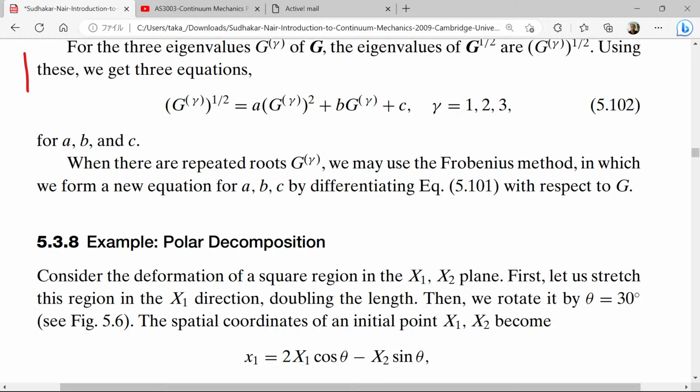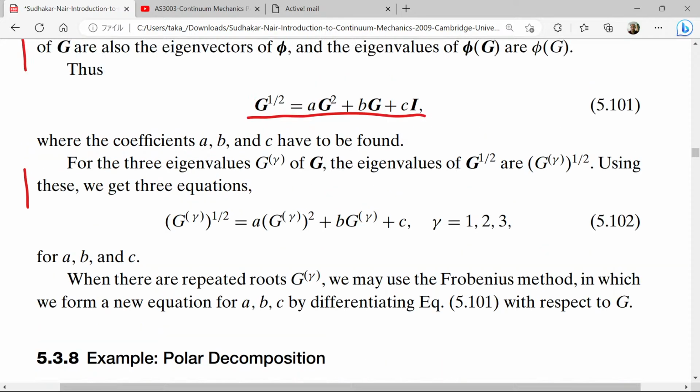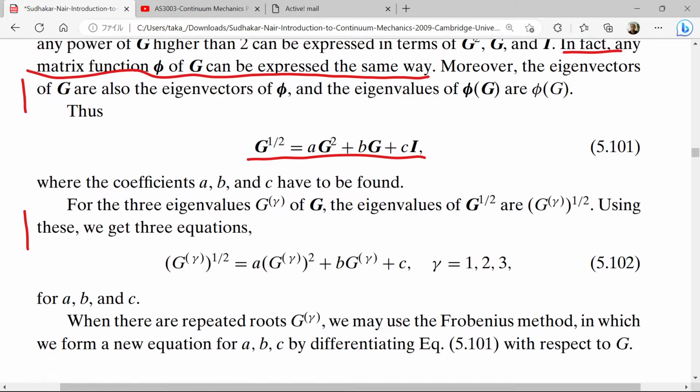When there are repeated roots G gamma, we may use the Frobenius method, in which we form a new equation for A, B, C by differentiating the equation with respect to G. Do you get that?